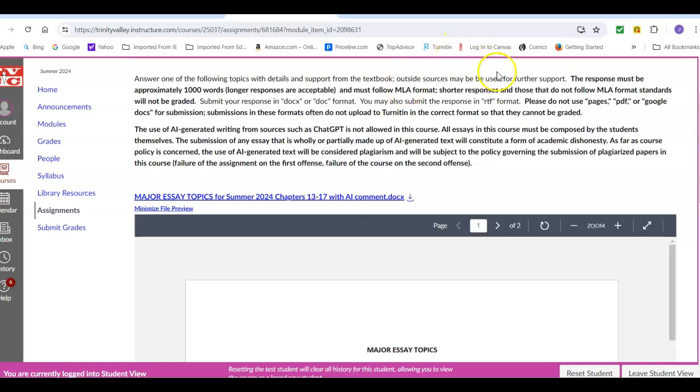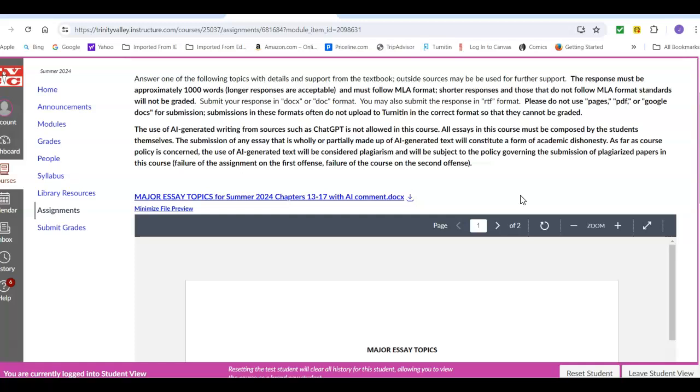It's not that there's anything wrong with PDFs or Google Docs, just that when you submit those, if you've already saved it as that, when it transfers into Turnitin, the formatting will not stay. If you do that and you transfer it into Turnitin, please check and make sure that your format has stayed accurate to MLA standards. Also, please do not use any AI-generated writing sources or engines.